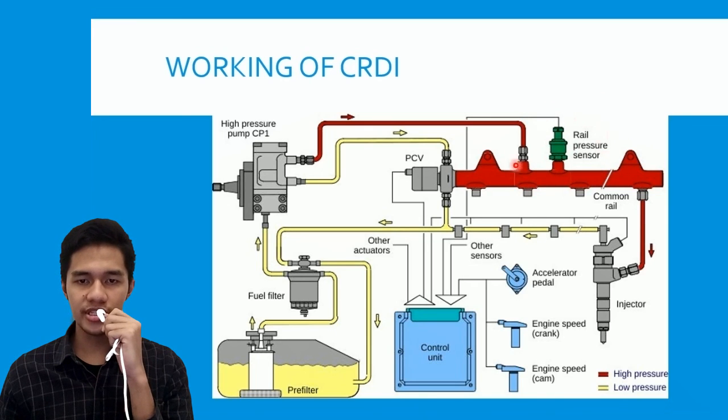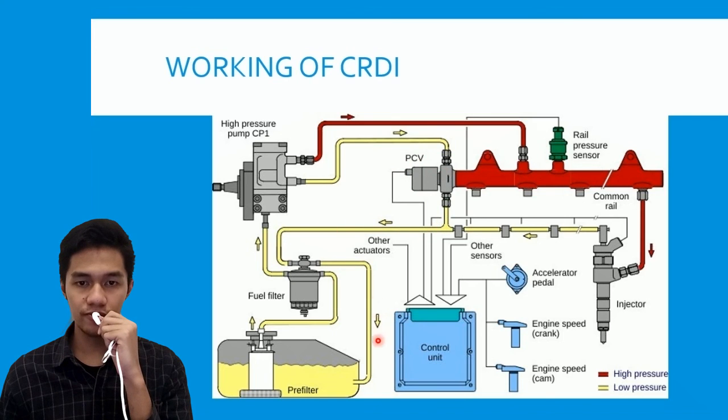In the rail we have a rail pressure sensor and a PCV, or pressure control valve. If the rail pressure sensor reads that the pressure is above the limit, the reading is sent to the control unit, which activates the pressure control valve and lowers the pressure in the common rail by dumping some fuel. That excess fuel is returned to the tank.